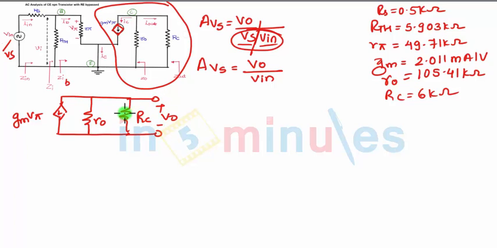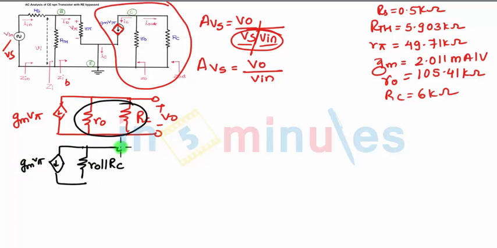When you apply KVL, the total resistance of these two will be a single resistance, which will be ro parallel to Rc. Then you have the dependent current source gm into V pi, and across this you need to find the voltage plus minus VO. When you apply KVL, the current flowing is gm into V pi, right?